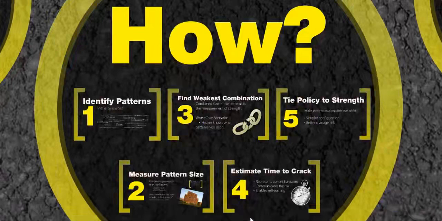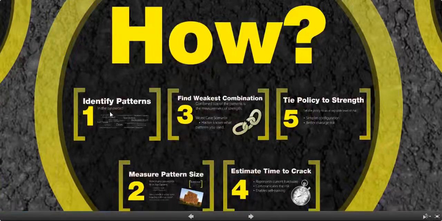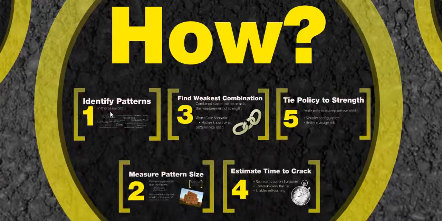So this is how Passfault works. First, we identify the patterns that we can find in the password. Each pattern is measured for its size. And by size, I mean how many passwords fit in that pattern. And then you find the weakest combination of all those patterns. Then we come up with an estimated time to crack.